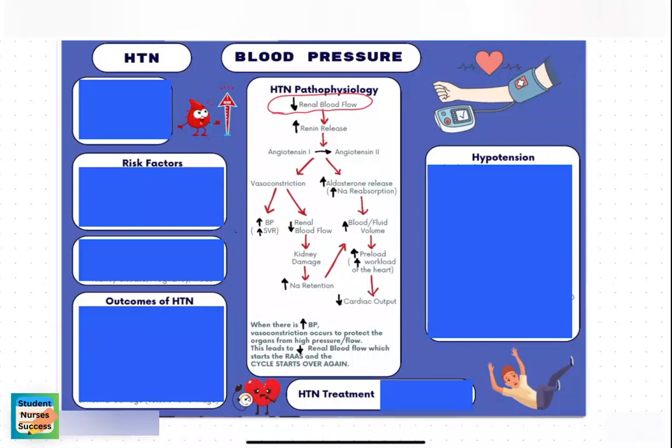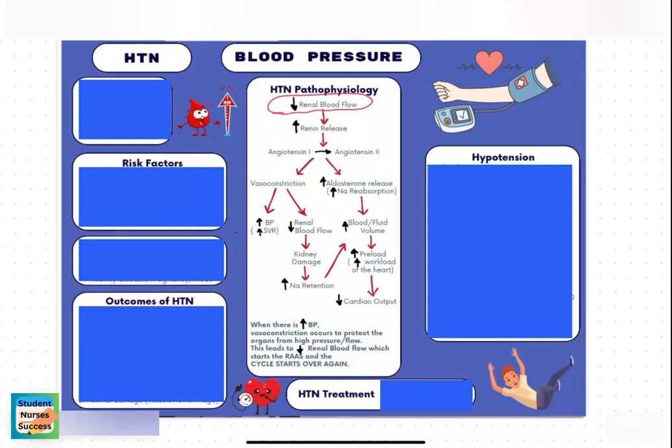They do that because they assume that you don't have enough blood volume, and they're going to actually start the RAS system, when in fact that isn't necessarily true. So as renal blood flow decreases, the kidneys release renin, and that renin starts the conversion of angiotensin 1 to angiotensin 2, part of the RAS system.